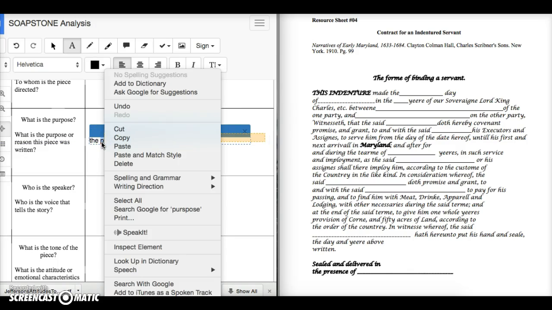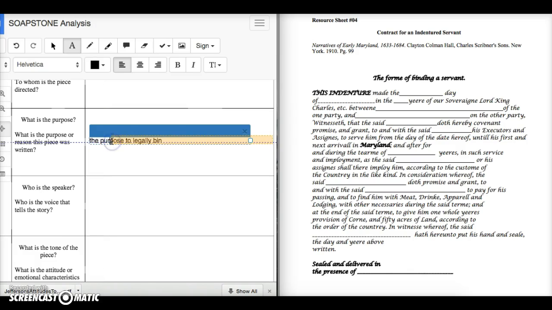Purpose is to legally bind one person to another for a set period of time. And we know that that's what the purpose is because it's the title of the document. There's the expectations down here for what the signer is required to do.